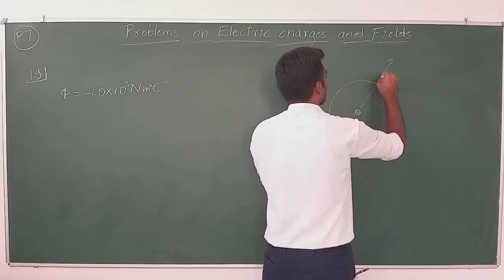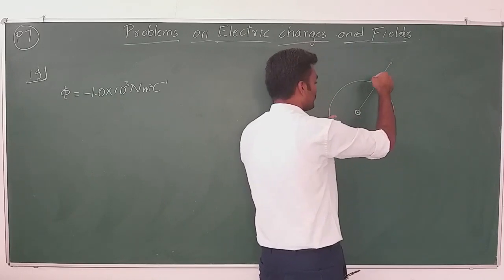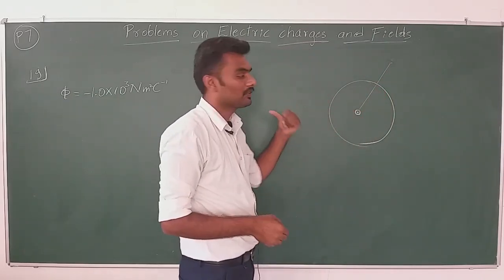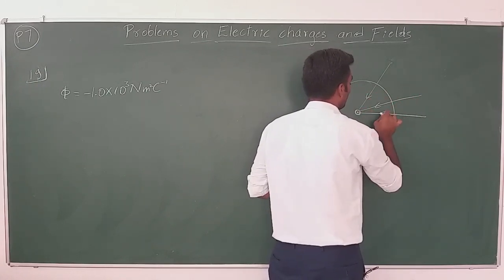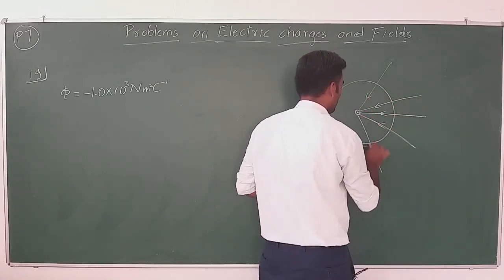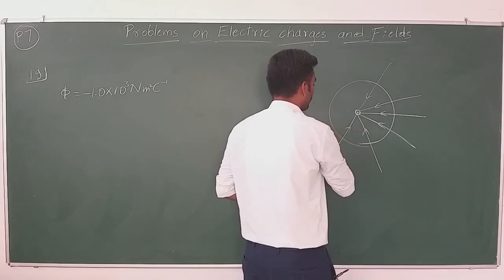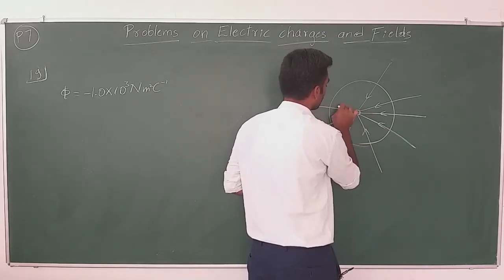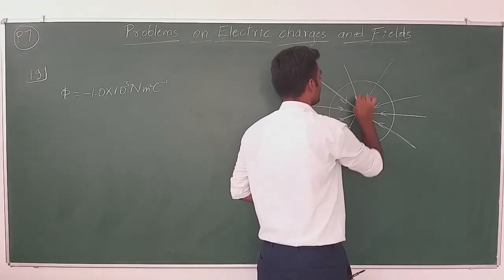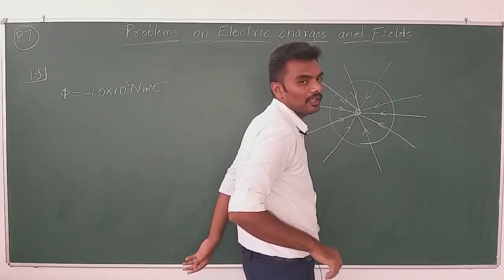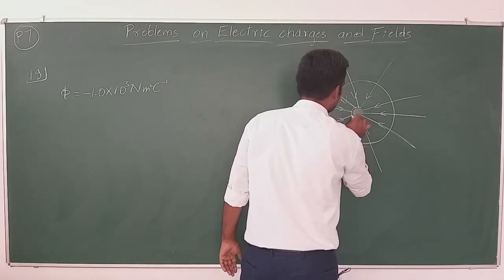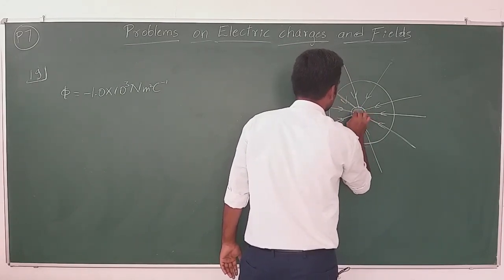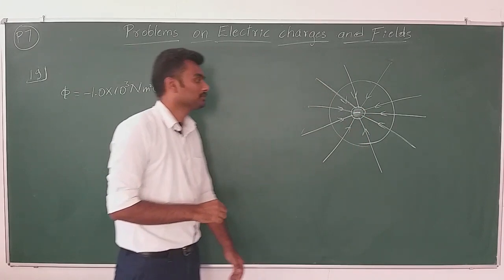Since the flux is negative here, it's understood that the direction of the electric field is into the surface towards the charge like this. So it's understood from the given data that this charge is negative.